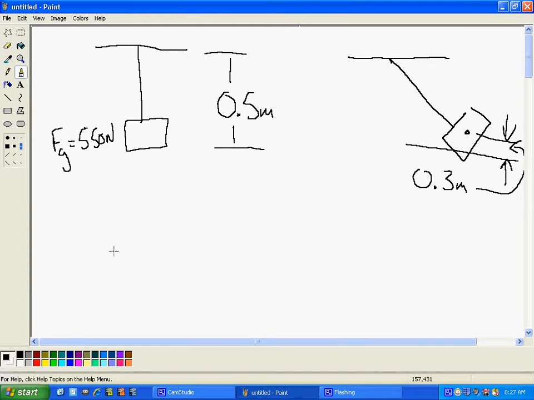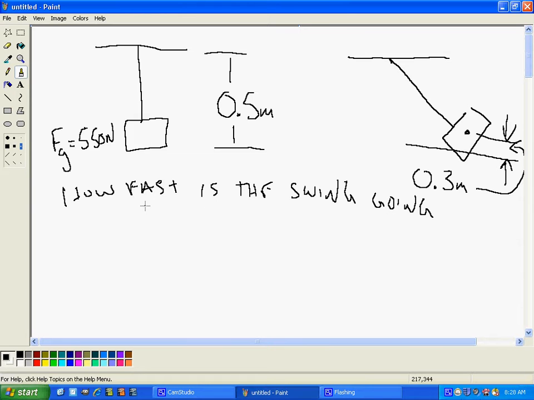And what we're going to find out is how fast is the swing going when it gets back down to the bottom.